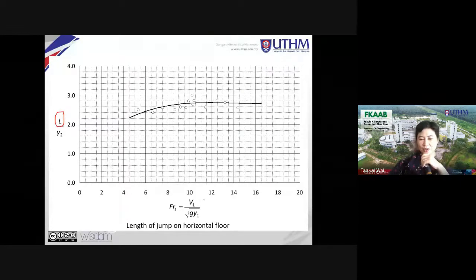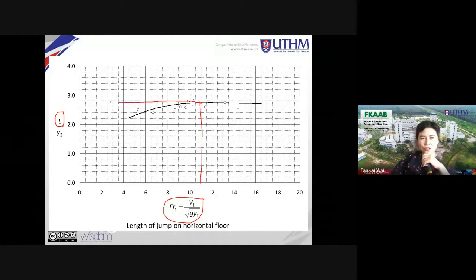Now, of course, you need to know your Froude number first, and you have to get it correctly. Let's assume your Froude number to be 11. If your Froude number is 11, you draw one vertical line up until it intersects with this curve here.